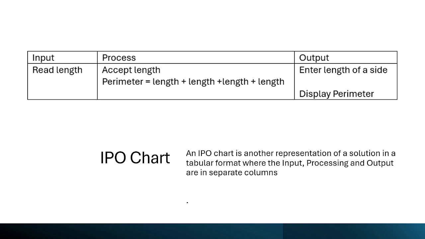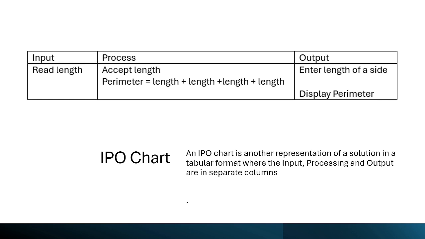Now that we have the length, we calculate the perimeter, and here I have the formula for calculating the perimeter. Some people, when they do IPO charts, they just say calculate perimeter. Now, as much as that is fine, we're trying to maximize on marks. And an IPO chart is one of the things that is asked of students to do for their SPAs.